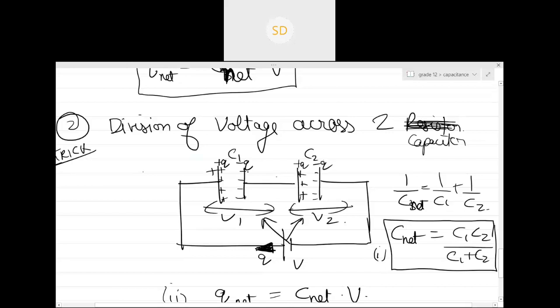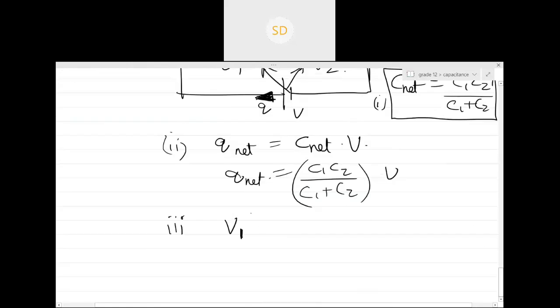By the way, even if the charge on the plates is plus Q and minus Q, you will still say the charge on this capacitor C1 is Q, because you have both positive and negative plates of charge Q. So you just say I have a capacitance C1 with a charge Q, and a capacitance C2 with a charge Q. Are you getting my point? You don't say plus Q minus Q.